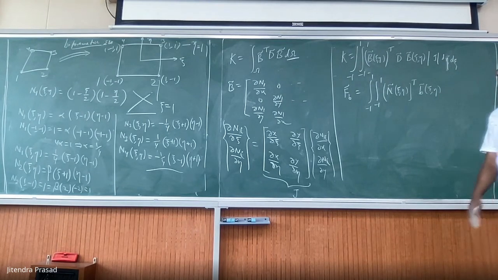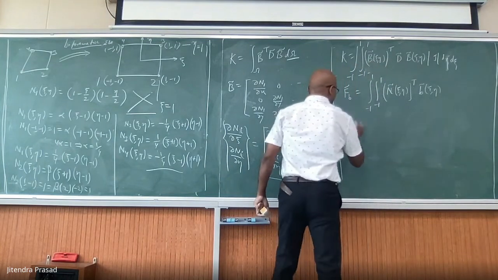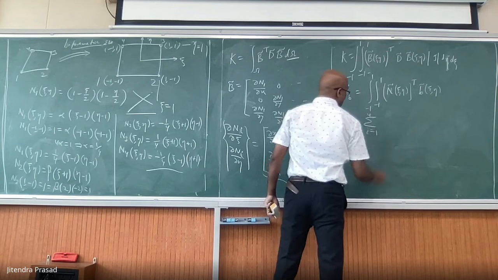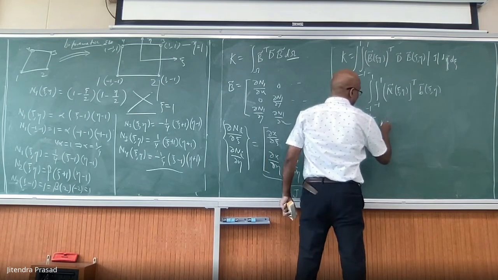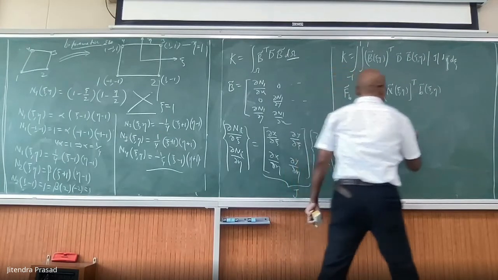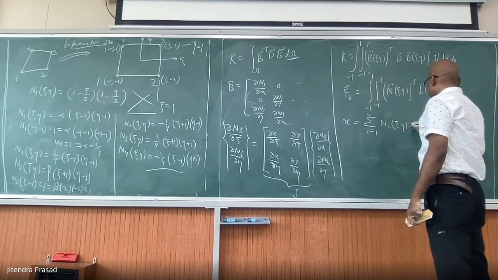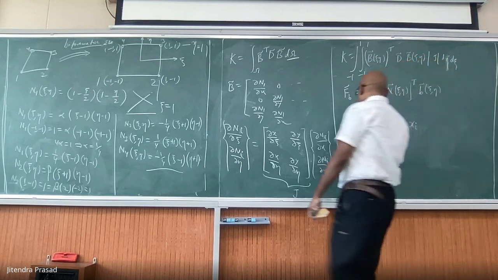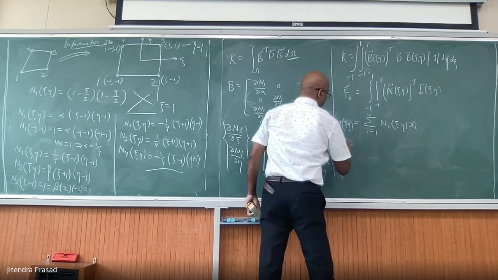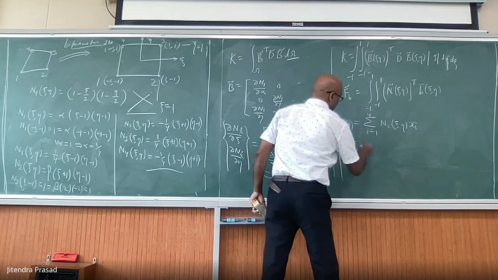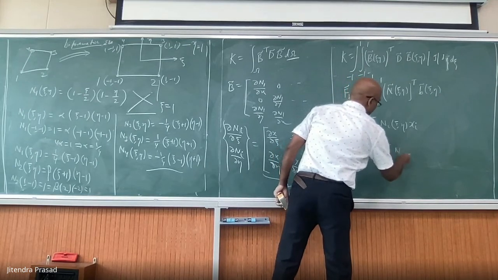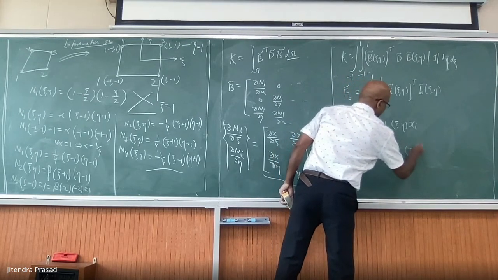How you do it: x is equal to summation i equal to 1 to 4 of Ni(xi, eta) multiplied by xi, and y as a function of xi eta is summation i equal to 1 to 4 of Ni(xi, eta) and yi.